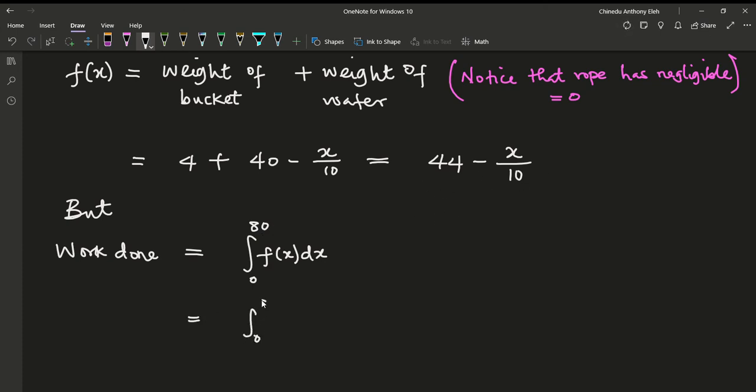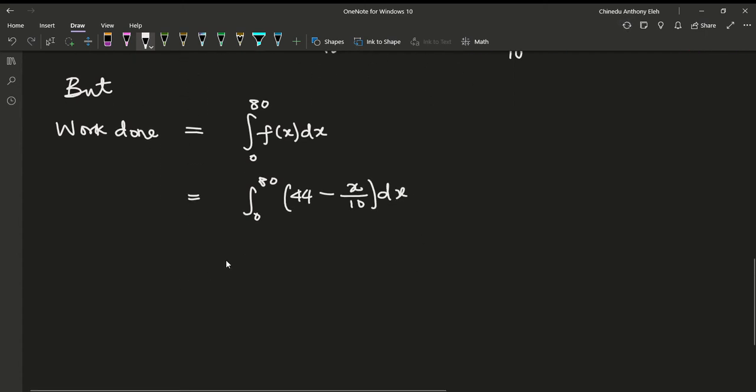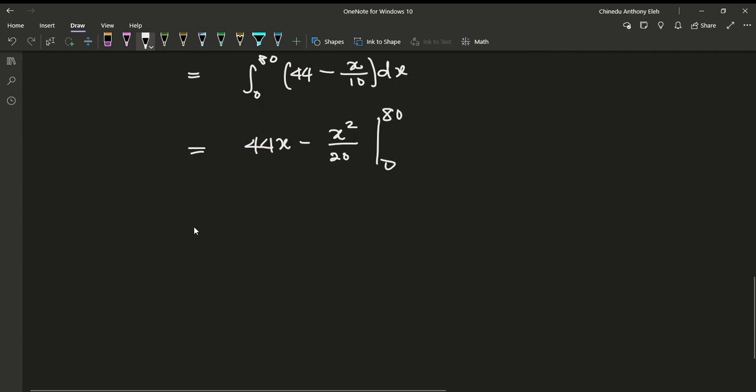This is the integral from 0 to 80 of 44 minus x over 10 dx. If you integrate this, we get 44x minus x squared over 2 times 10, which is 20, and then we evaluate this from 0 to 80. So plug in 80, the upper bound, minus 80 squared divided by 20.